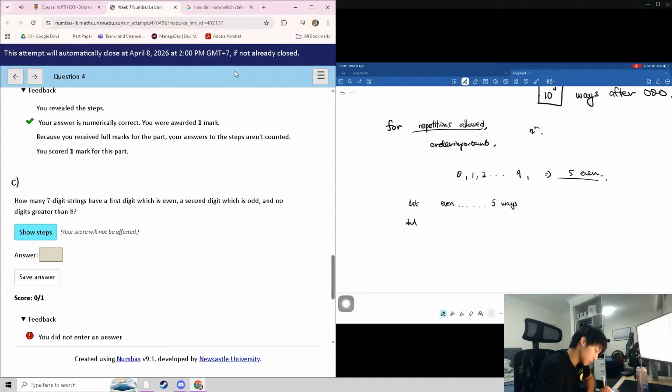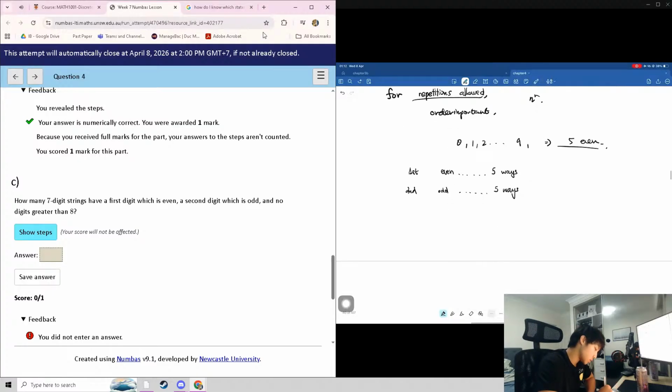The second digit is an odd number, so I also have 5 ways to choose the odd number. And then no digits, so the rest, third onwards to n. How many ways do we have to choose? We don't take 9. So we have 9 ways. So it's 5 to the second times 9 to the 5th.